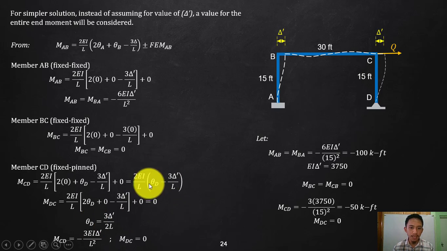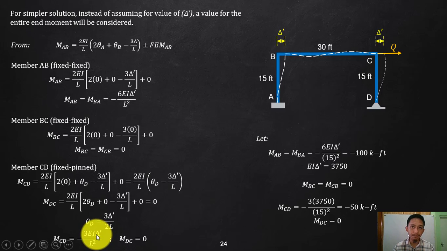So substitute that. So 3 halves, or that is actually 1.5, minus 3, delta prime over L. That is the variable, but 3 halves minus 3, or 1.5 minus 3, is negative 1.5 or negative 3 halves. Multiply it to this outside, which is 3 halves, times 2 will cancel out the 2, you will end up with 3, over L squared, then EI, and of course your delta prime.